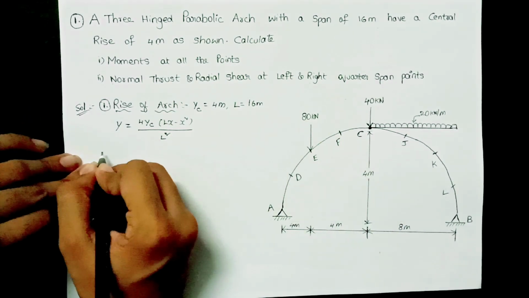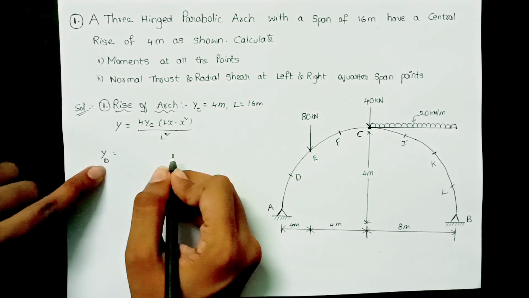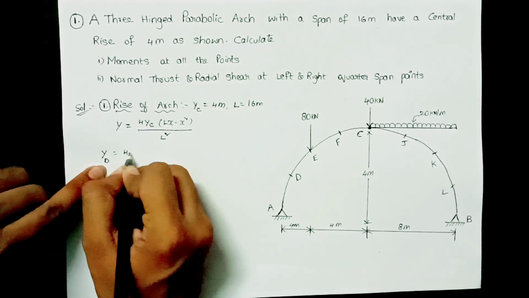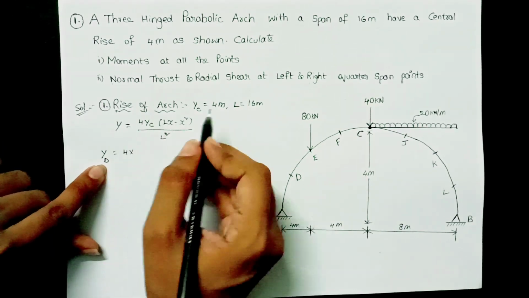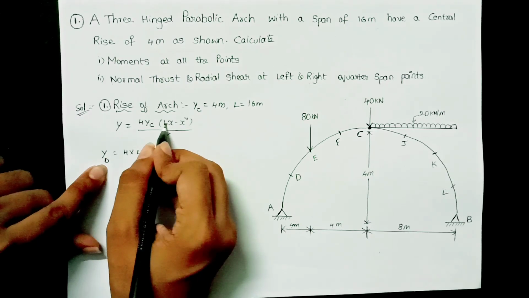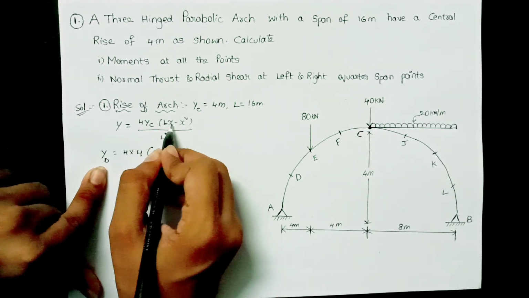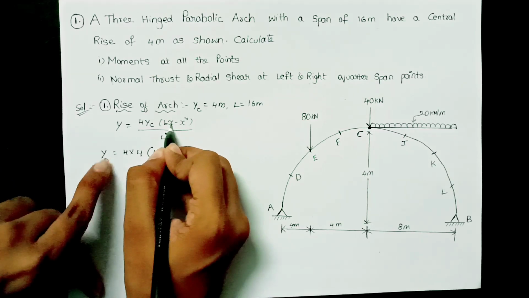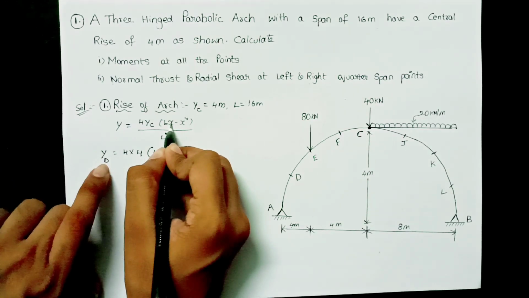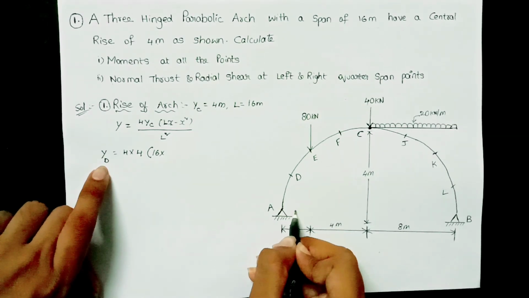Now the rise at D, that means YD, equals 4 into YC, the central rise, which is 4 meters, into L, the span of the arch, which is 16 meters. X is the distance from the support to the point D. We take the distance from the support to point D, and this distance will be 2 meters.